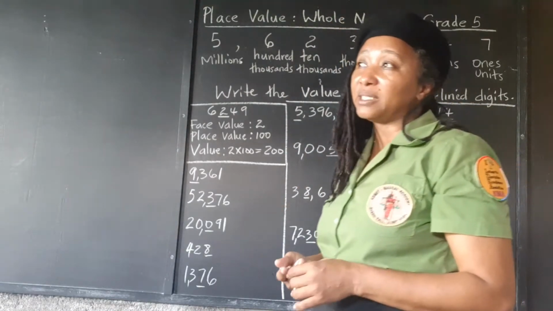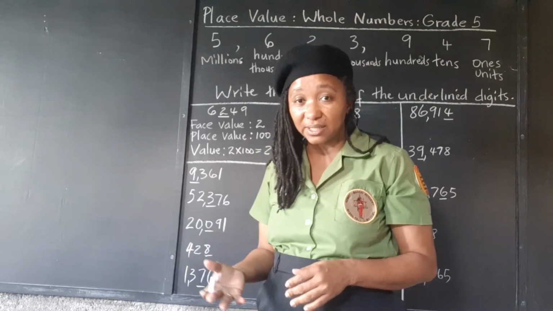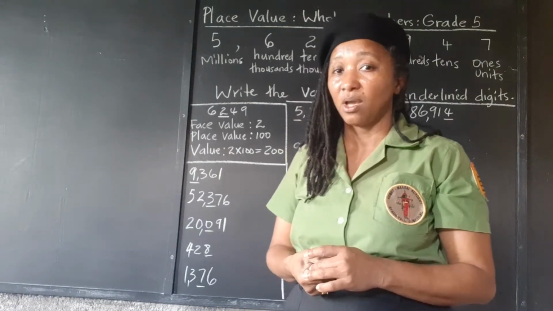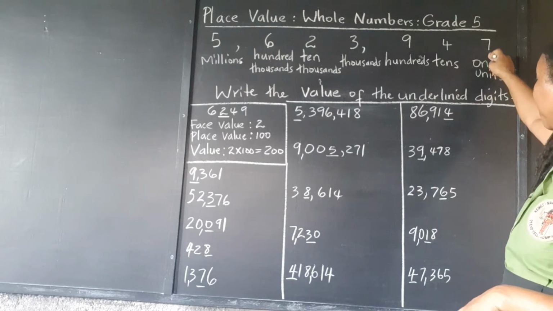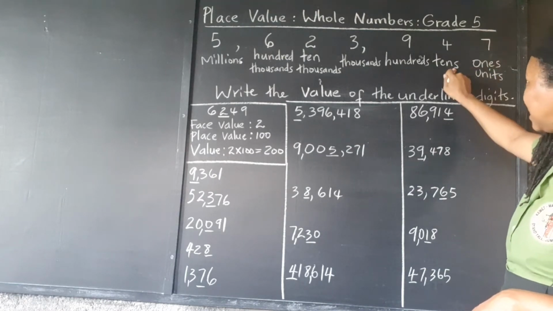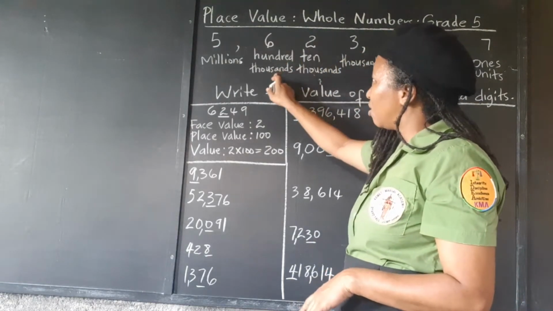If you want to look at the place value system for decimals, then there's a video on that as well. So for whole numbers, this digit at the end here is the ones or units. Tens, hundreds, thousands, 10,000, 100,000, million.